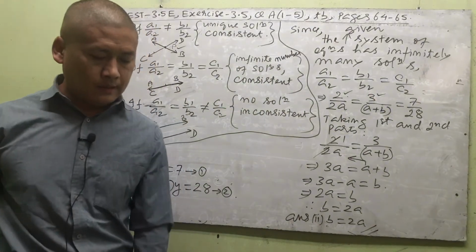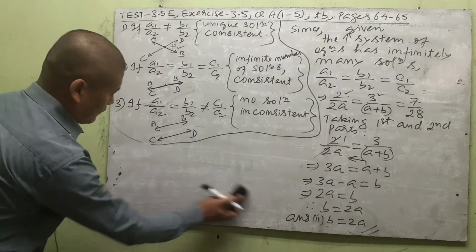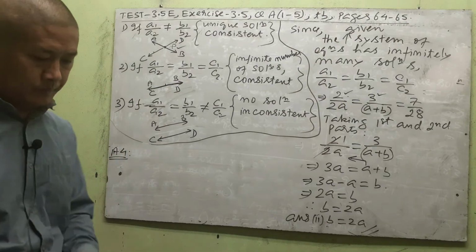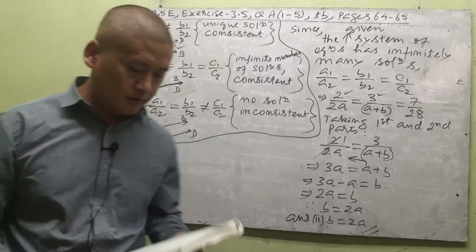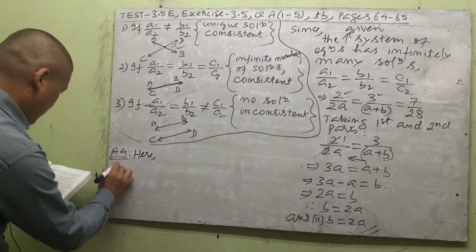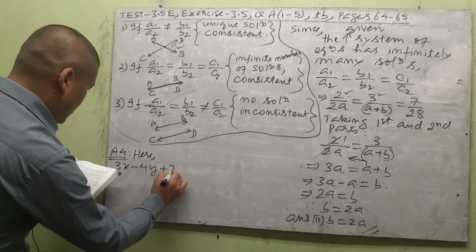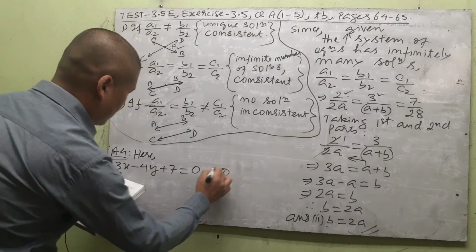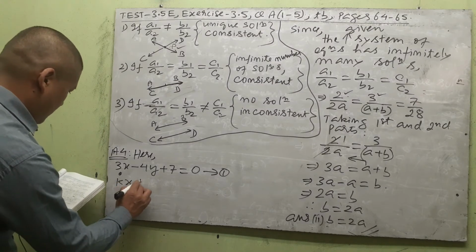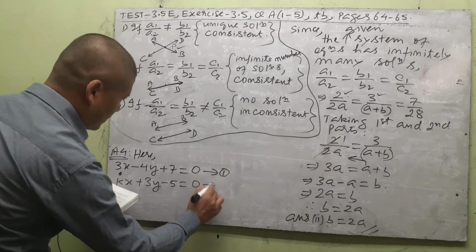Okay, I hope you're getting it now. Let's go to A4. A4, subheading 4: the lines given by these two equations. Let's write the given equations: 3x minus 4y plus 7 equal to 0, equation 1, and kx plus 3y minus 5 equal to 0, equation 2.